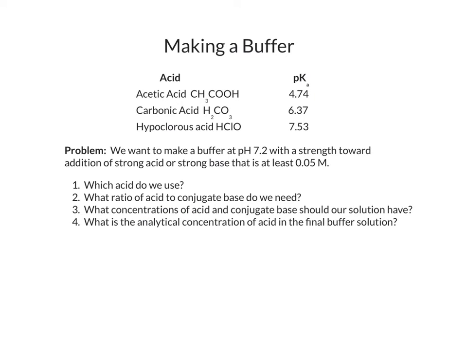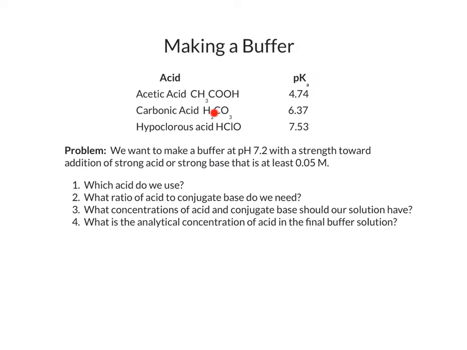To answer our first question, we need to remember that acids will buffer best near the pH that equals their pKa. So acetic acid will buffer around 4.7. That's pretty far away from 7.2, and so acetic acid would probably not be a good choice.